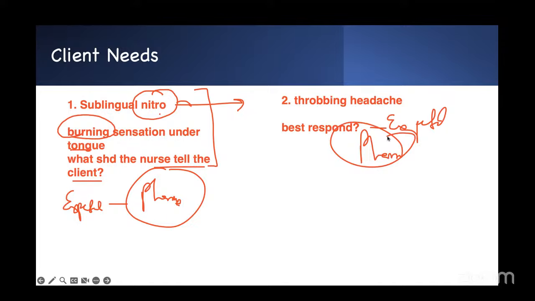Therefore, teach the patient about the pharmacology. That's all. So what are we going to do? Pharmacology. Take some acetaminophen to help with your headache, but don't stop taking it. Don't cut it in half. Keep on doing that. You see, those are 2 questions you're likely to get on nitro.